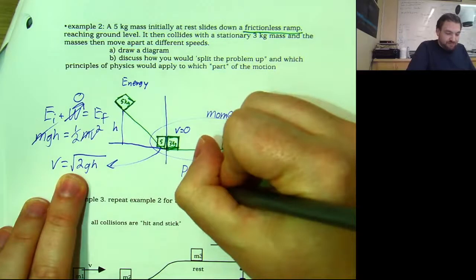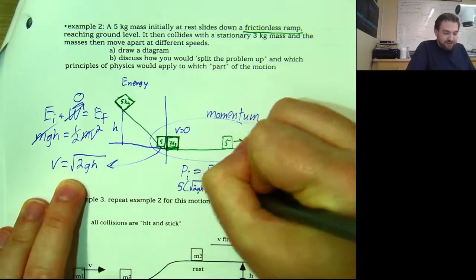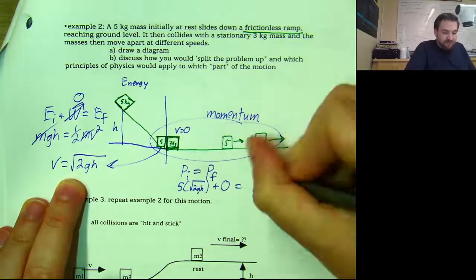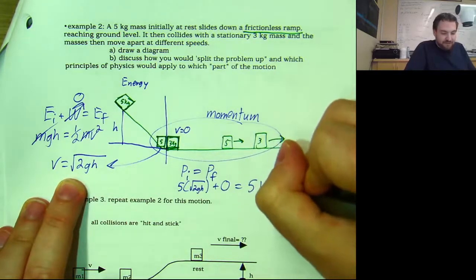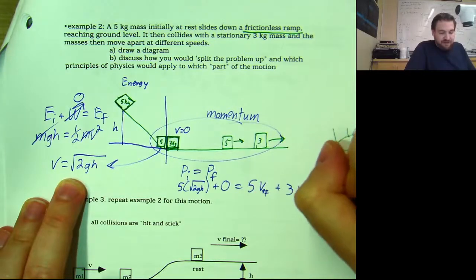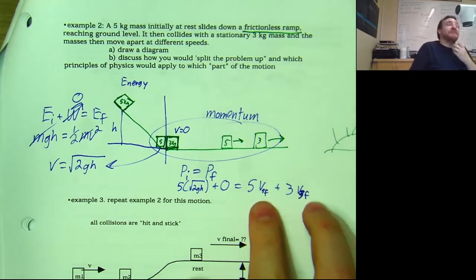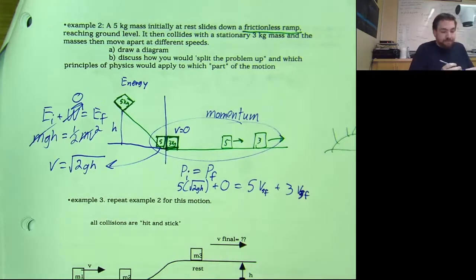So 5 times the square root of 2gh plus 0 is going to equal 5 v of 5 final plus 3 v of 3 final. And because we don't have either of these velocities, this is as far as we could take the problem. But we took it pretty far without having any other values.